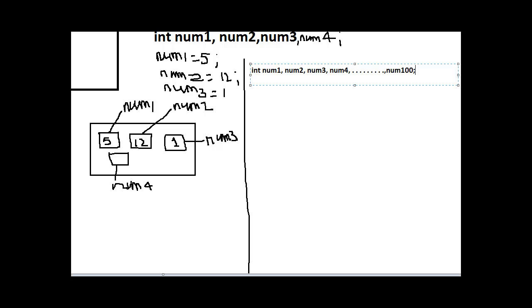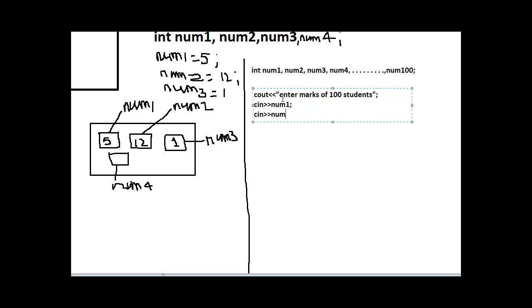And how will I have to proceed? As you know, here I will have to cout "enter marks of 100 students", and then cin num1, then cin num2, then cin num3, and then up to cin num100.